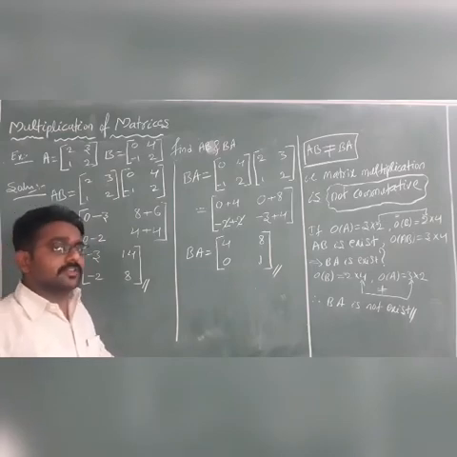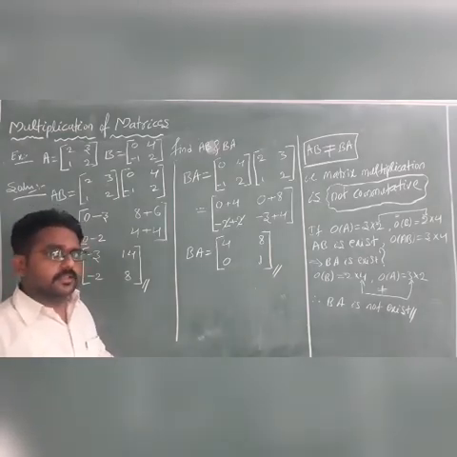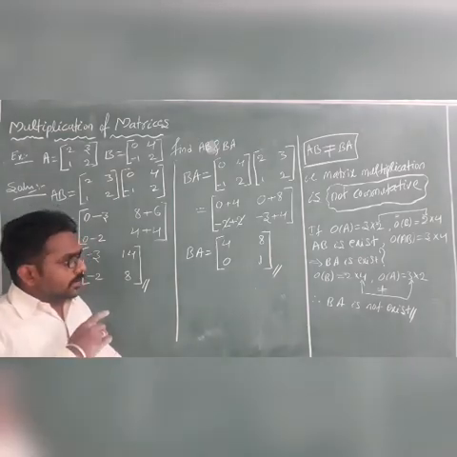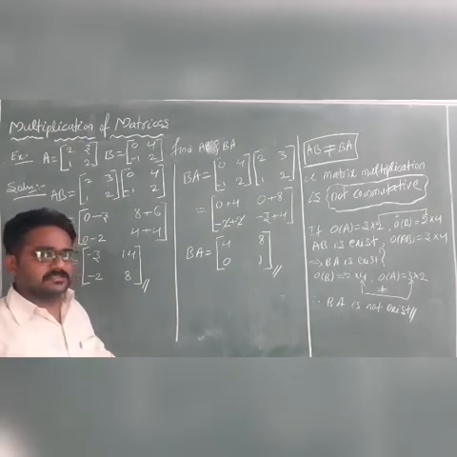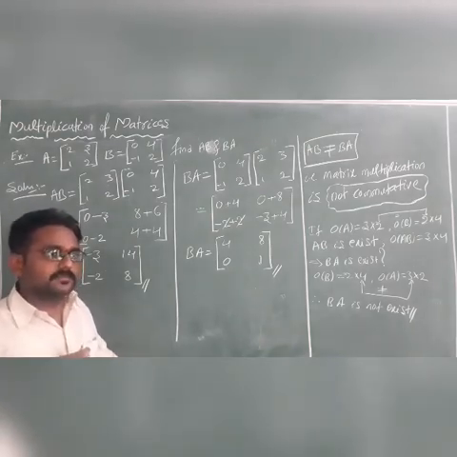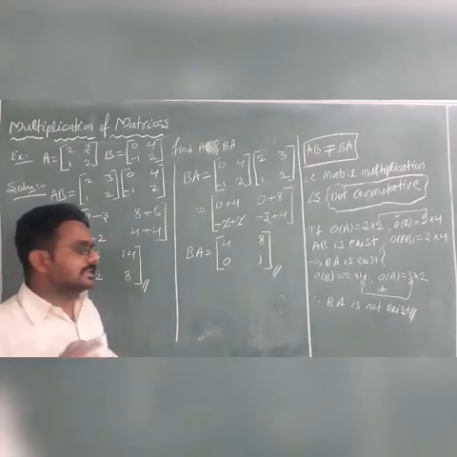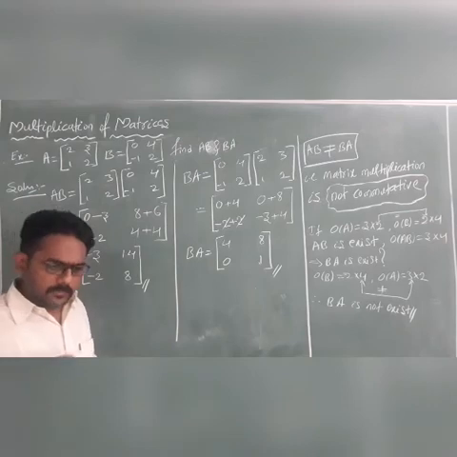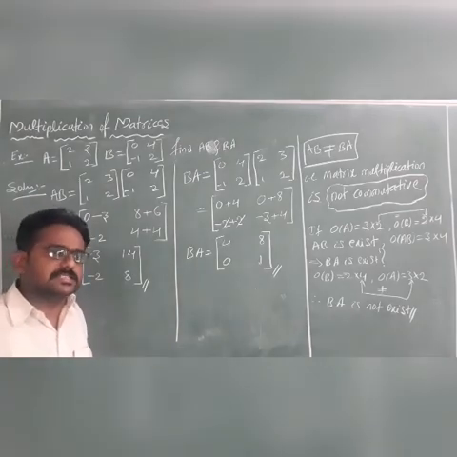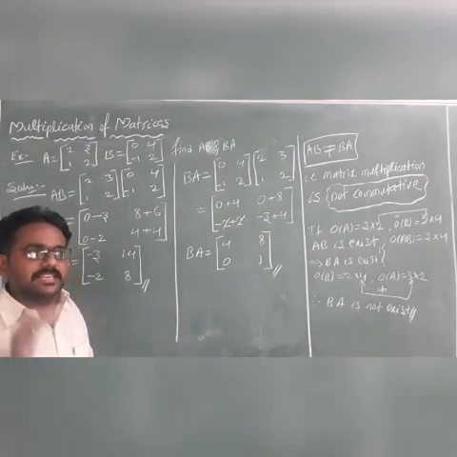What is the conclusion you can draw here, students? For the given two matrices, the product AB can exist or be defined, but it is not necessary that the product BA also exists. It may or may not exist.